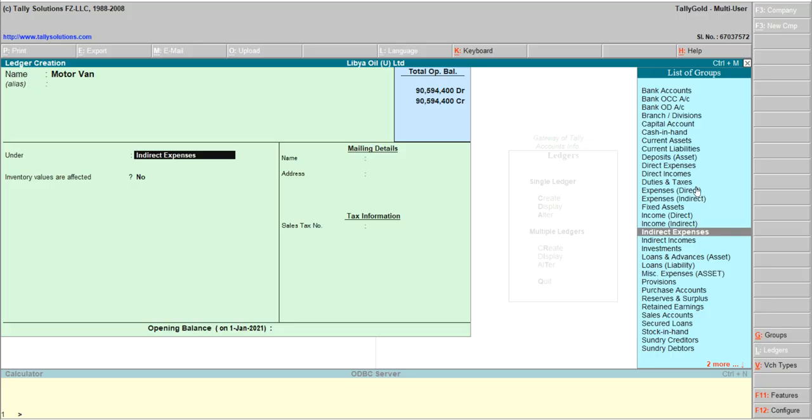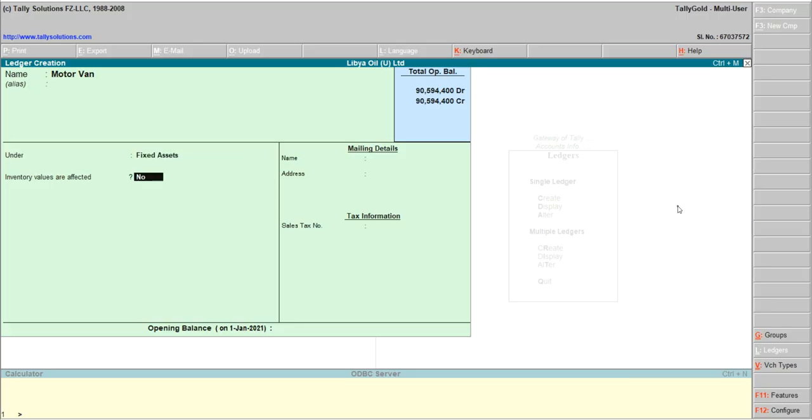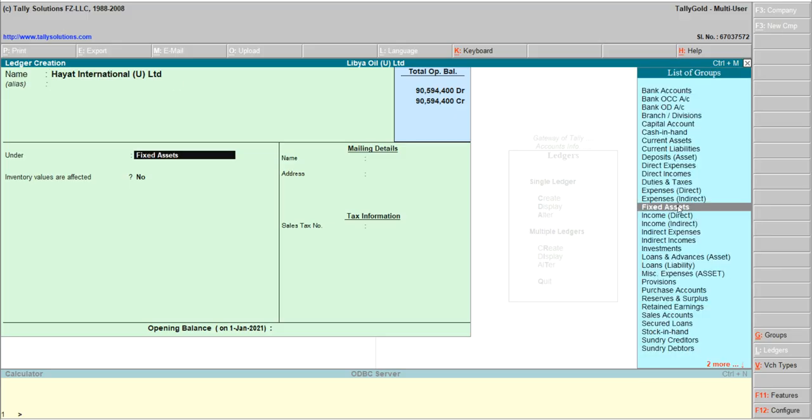These are fixed assets. Also create Hayat International Uganda Limited. This is a sundry creditor because we are getting the motor vehicle on credit.